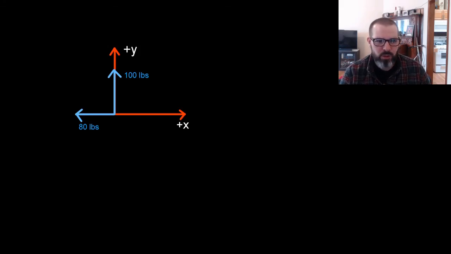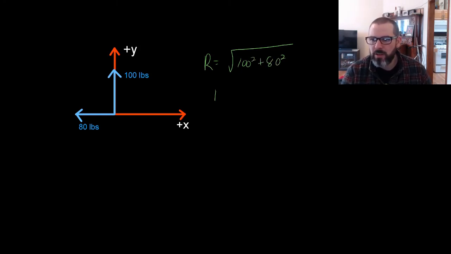Again, if we have two components or two rectangular coordinates, 100 pounds, 80 pounds, we can combine them into a resultant using our Pythagorean theorem. So we can say R equals the square root of 100 squared plus 80 squared, giving us a resultant force of 128.16 pounds.